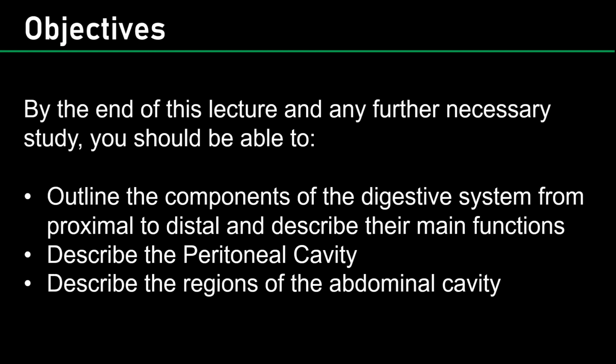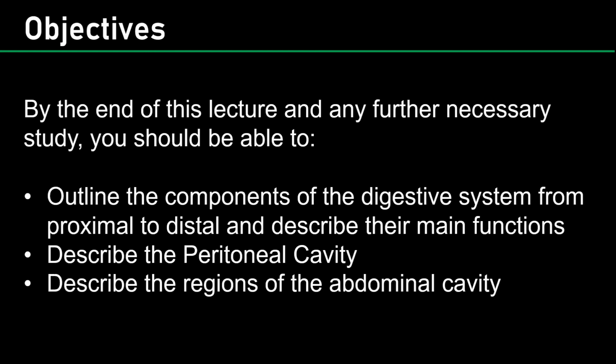The proximal area would be the oral cavity, all the way distally to the rectum. And we've looked at the functions of the major subdivisions: the esophagus, the stomach, and the small and large intestine. We've briefly addressed the rectum, although you don't need a great deal of information on that.